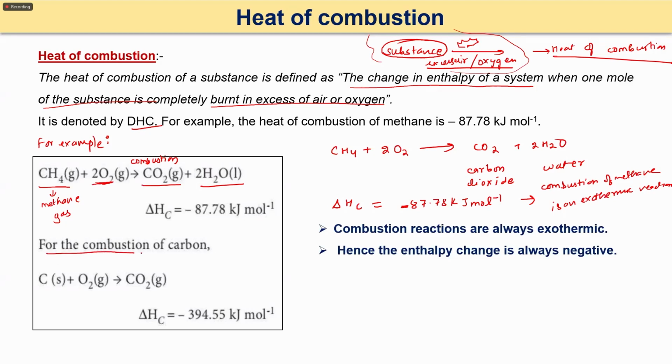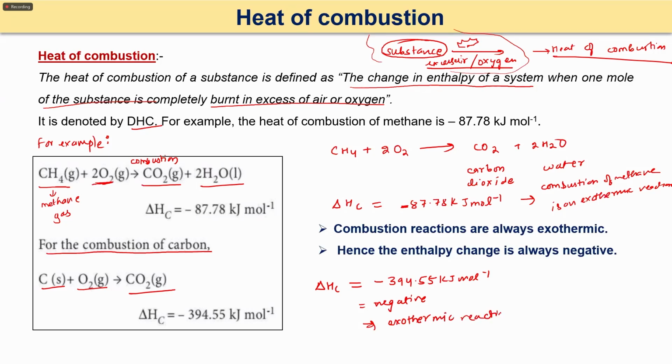Next, we have the combustion of carbon. Carbon is combusted in the presence of oxygen to form carbon dioxide gas. Here the combustion enthalpy change is minus 394.55 kilojoule per mole. Again, this is negative, which means it is an exothermic reaction.